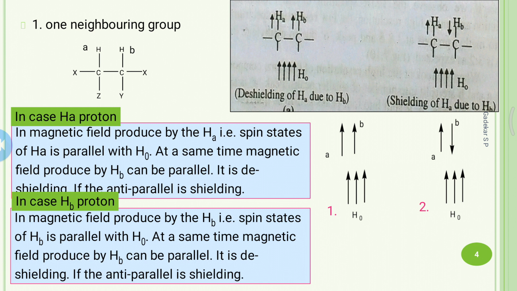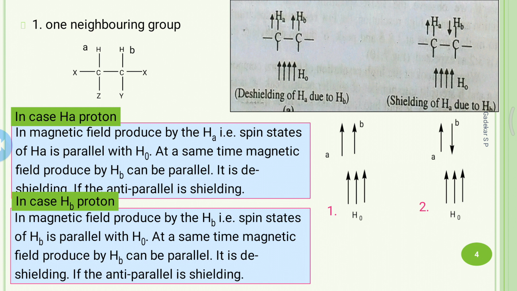A interacts with B, so there are two possibilities. A has a single spin, denoted by an upward arrow, and B as well. First, the splitting pattern of A: A interacts with the applied magnetic field.